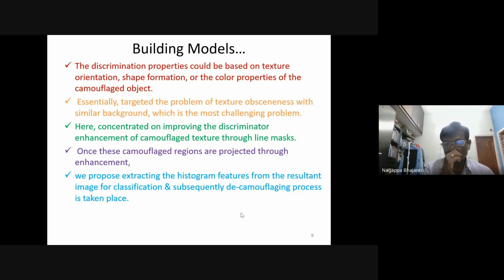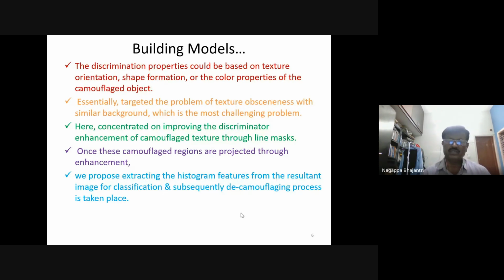And here we are going for the histogram features. So a histogram will be obtained for both the background as well as the foreground. In other words, the normal image and the defected or camouflage image.